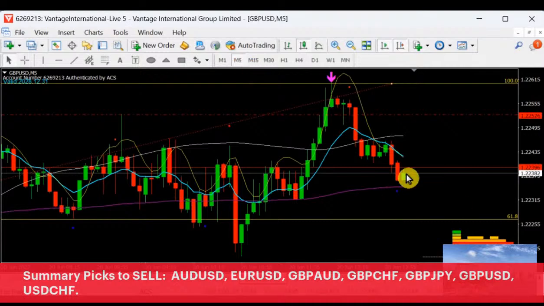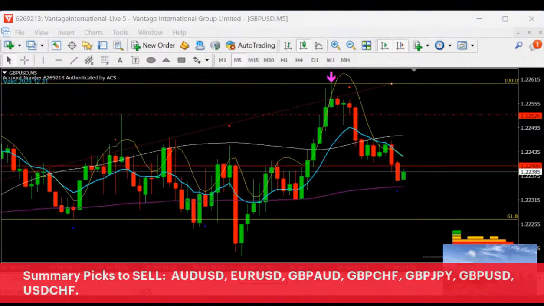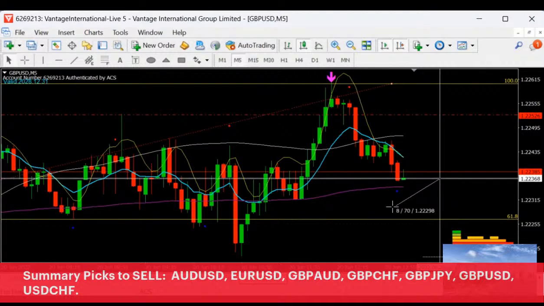This area. Forex New Year was saying that we are going to test the 61.8 here. This is one of the supports, which is also creating a very tight area for us. We are left with about 9 to 10 pips away.